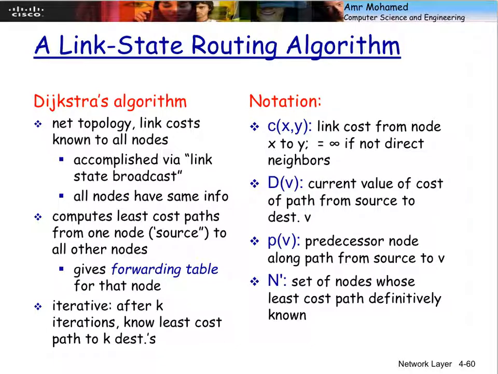So you have N nodes which constitute all the nodes in the network, and you have N prime. N prime here constitutes the nodes that you know the shortest path for. Because these nodes are going to be put in a pool of well-known shortest paths, and then you can use it in another iteration to get the shortest path for more nodes, as we will see in a minute. And we'll see how this is done.